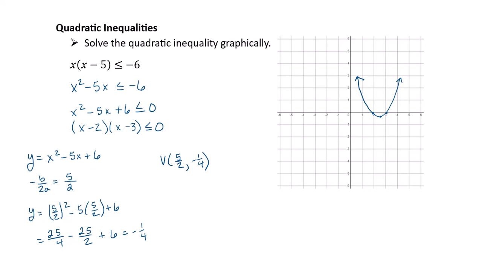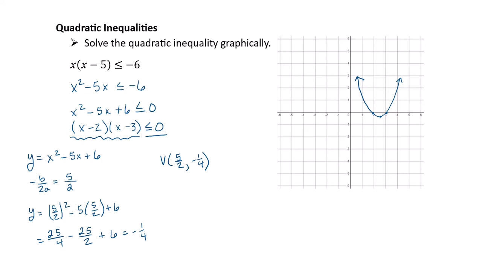And when we're graphing this, we see part of the parabola is above the x-axis and part of it is below the x-axis. So what is the part that we want? It says here the parabola that we've graphed is less than or equal to 0.